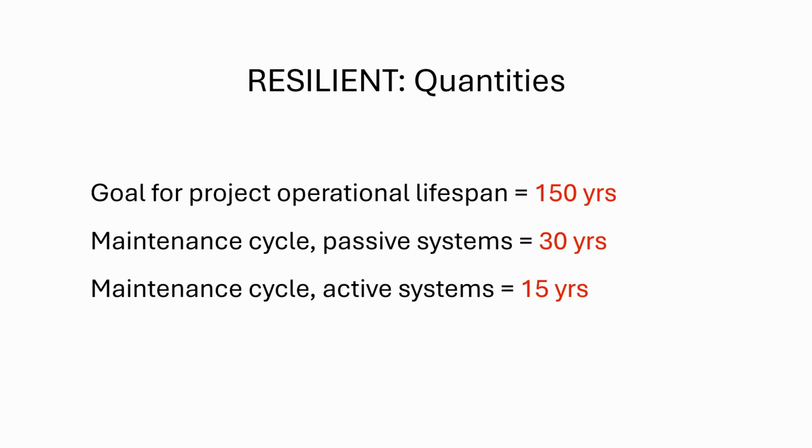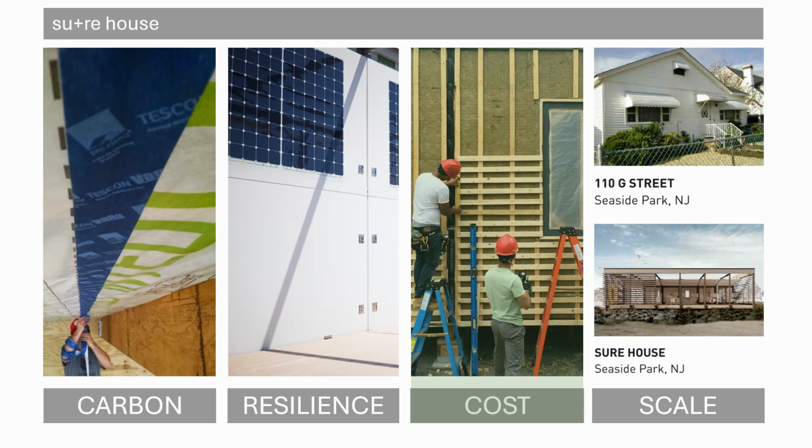The maintenance cycle for the passive systems was at least 30 years, so we're not going to be adding insulation or changing out the windows in that time period. And the active systems like the mechanical systems, the heat pumps, the photovoltaics, very conservatively, we're saying 15 years. So we set quantity goals as part of the design process for resilience.